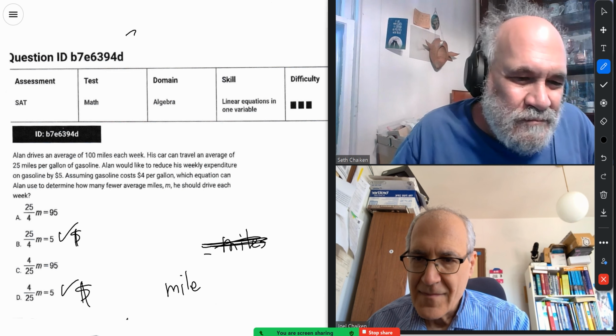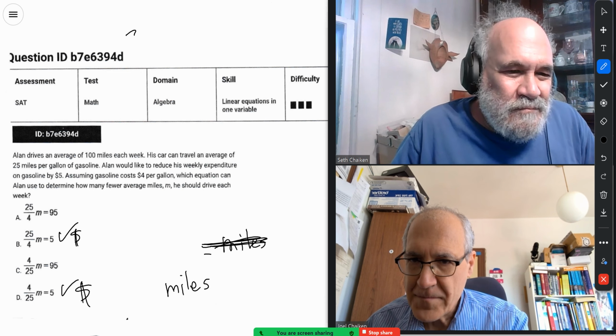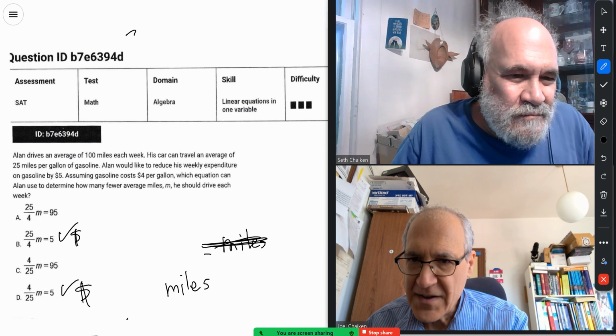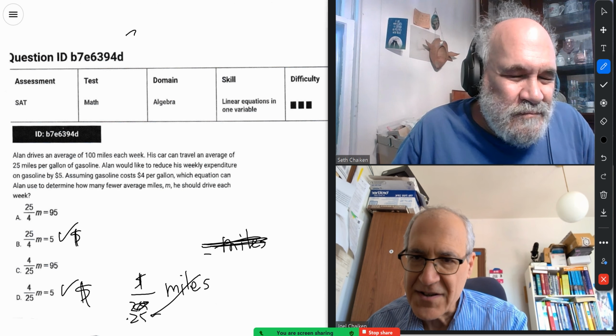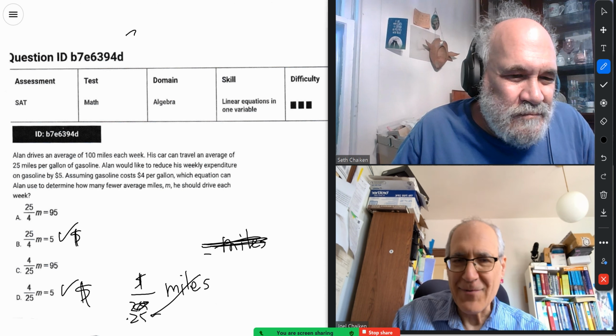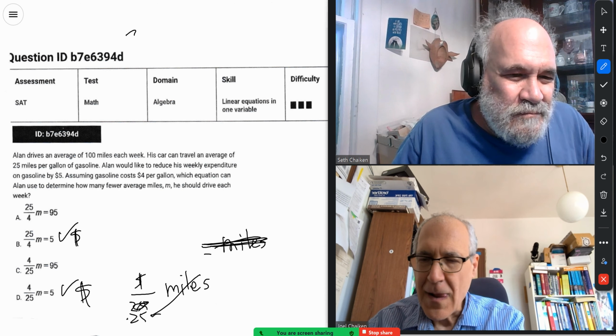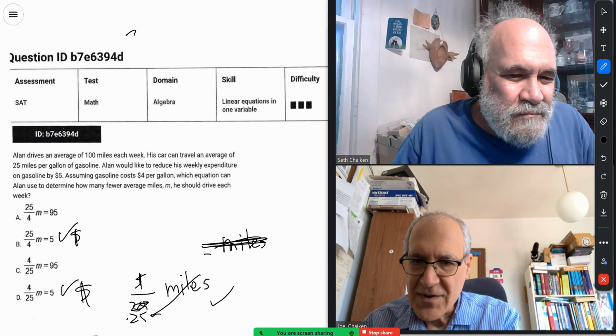And then the 4 is in dollars, and 25 is miles, so those cancel out. This is probably not the right way to do it. But no, this means the units work.